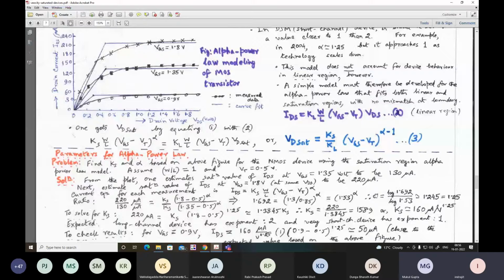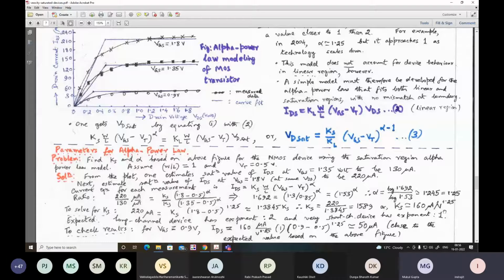It is because alpha is an exponent of the voltage term, and that is nearly 1.25. For a long channel device the exponent was 2, but for a short channel device, it is progressively going nearer and nearer to 1.